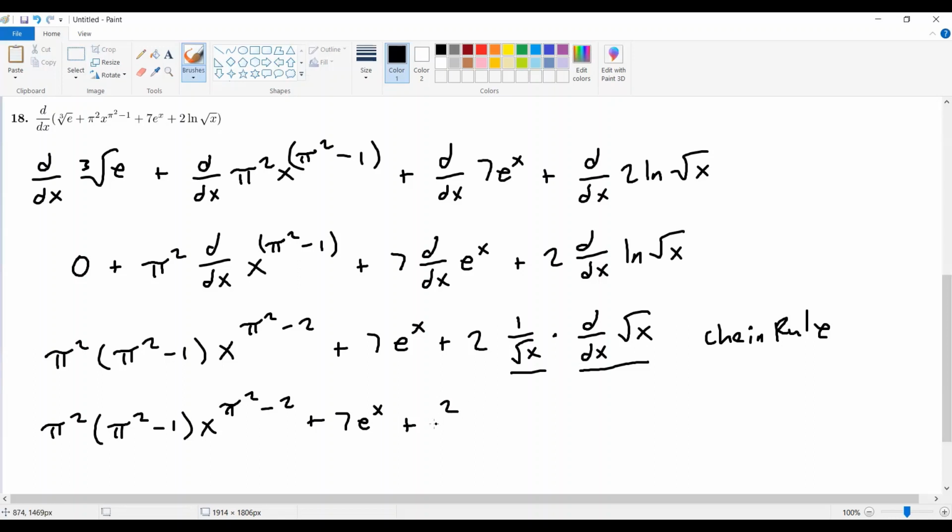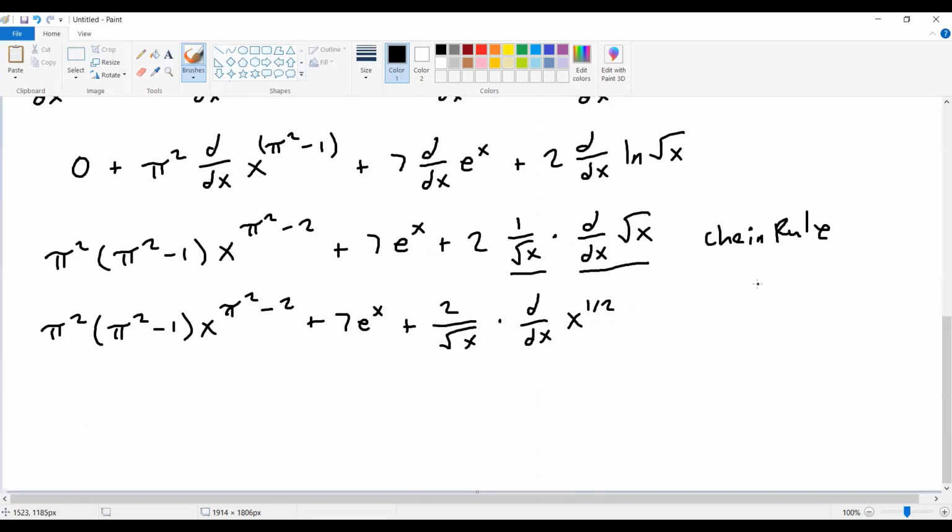So we have the 2 over the square root of x, and then the derivative of the square root of x. It's much easier to take these derivative rules when you understand the radical as a fractional exponent. So what we really have here is the derivative of x to the 1/2 power. And now that we've written it as a power of x, we can just use the power rule and it'll be much easier to do.